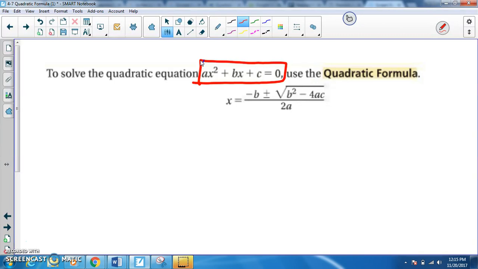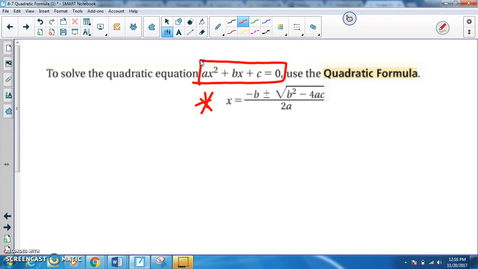The quadratic formula is x is equal to the opposite of b plus or minus the square root of b squared minus 4ac all over 2a. Please make sure you have this down.